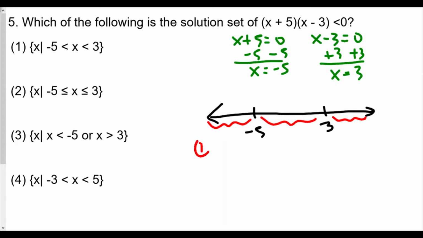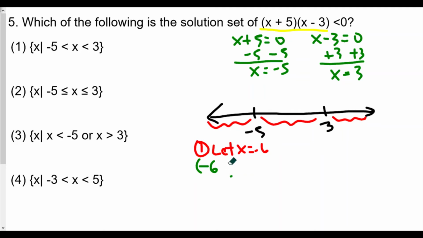So in region 1, I'm going to find a value of x that's less than -5, in this case -6, and then plug into the factored expression, (x + 5)(x - 3). So we plug in -6 for x: -6 plus 5. Sorry about that, ladies and gentlemen, I just want to erase this here.